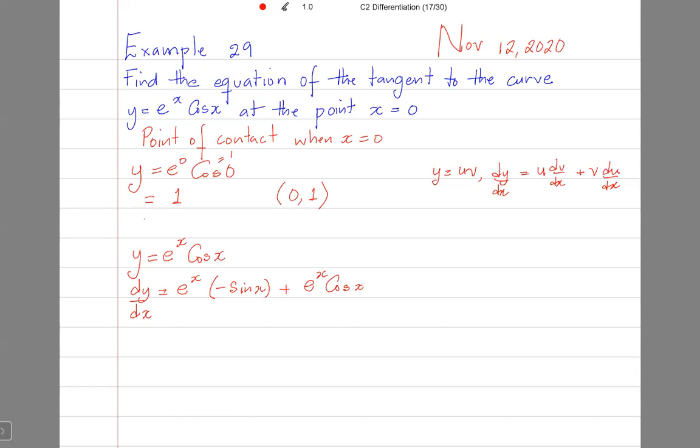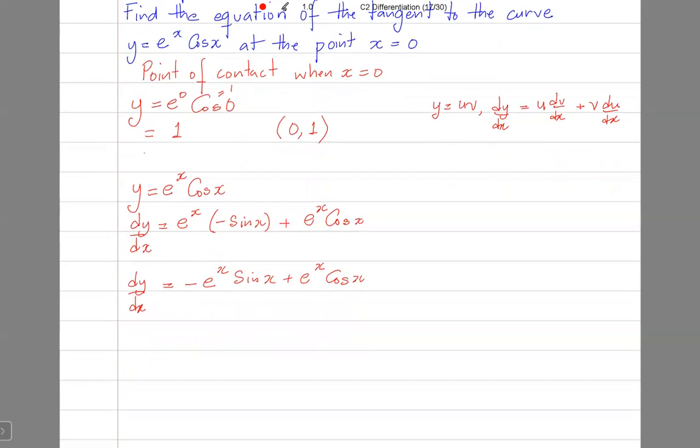I differentiated the first, e to the x, and what you get back is e to the x. So dy by dx is equal to minus e to the x sine x plus e to the x cosine x.